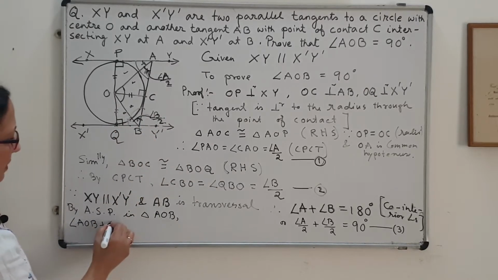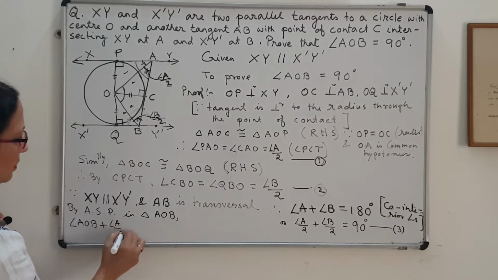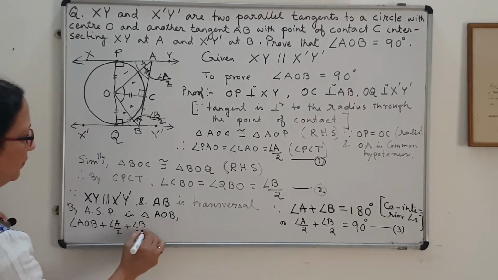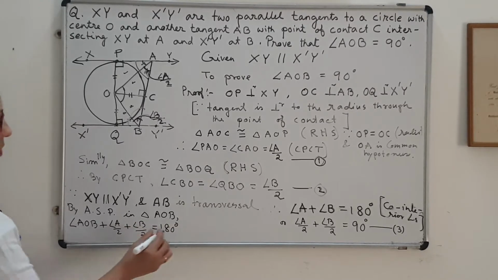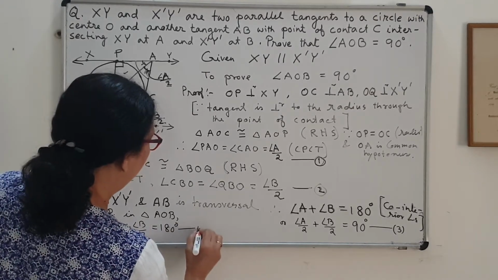So AOB plus angle A by 2 plus angle B by 2 is 180 degrees by angle sum property. Say this is equation 4.